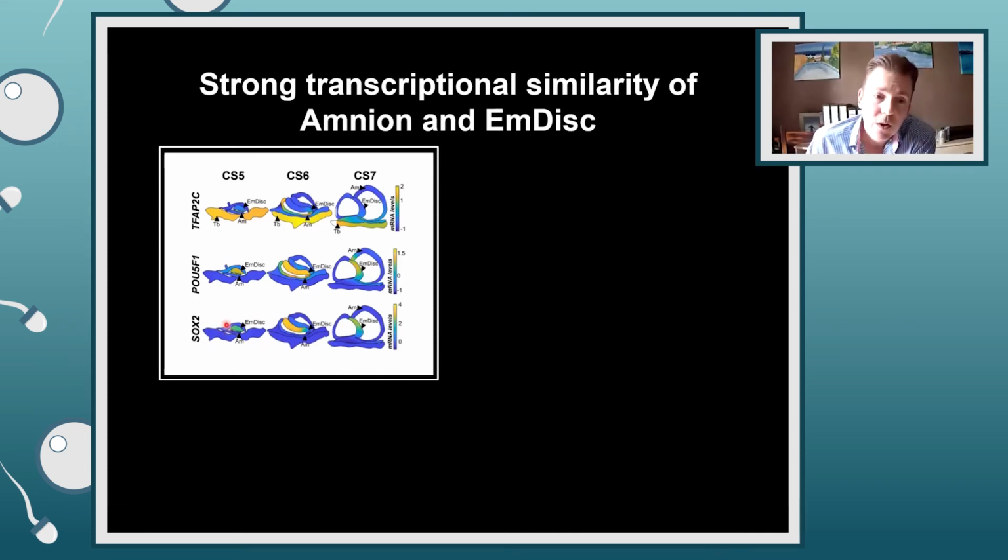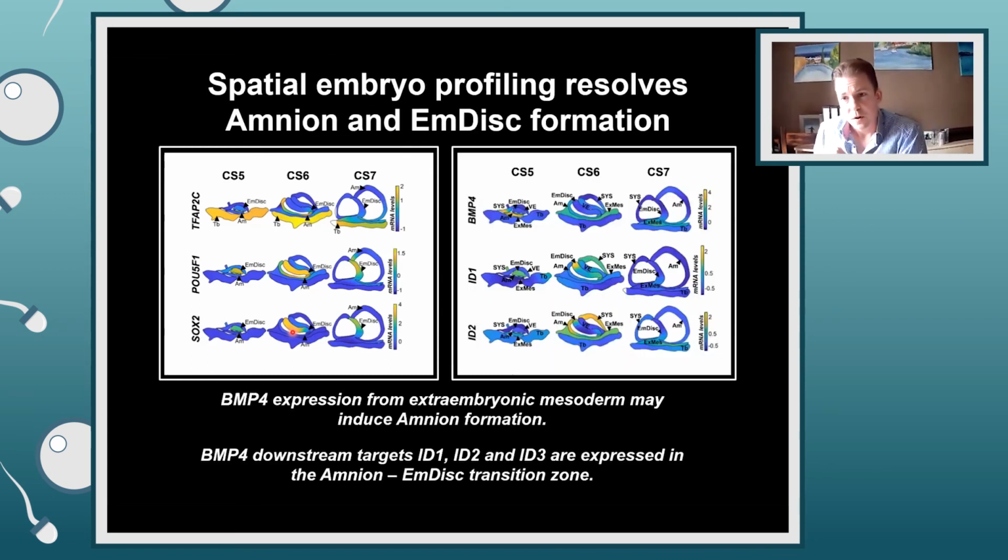And SOX2, consistent with the very pioneering studies of Mitinori in the cynomolgus monkey, SOX2 is downregulated very early on. But then, how does this whole patterning come about?